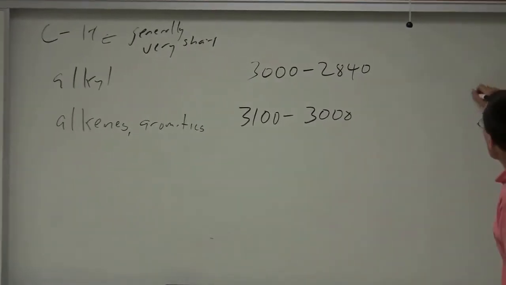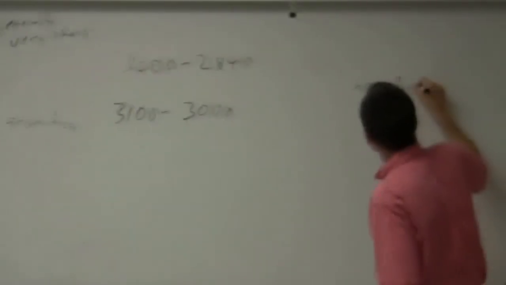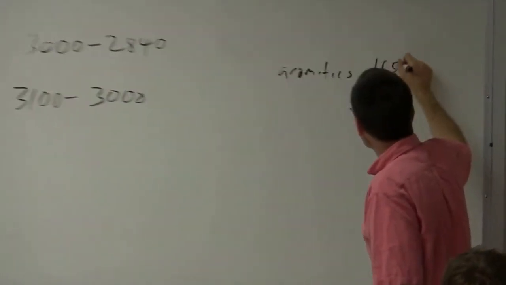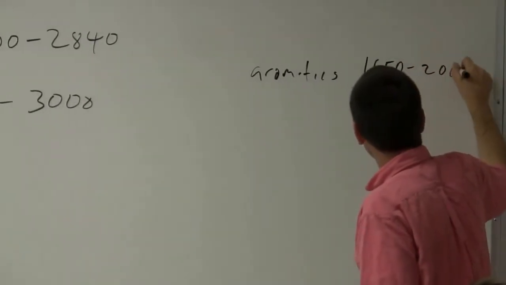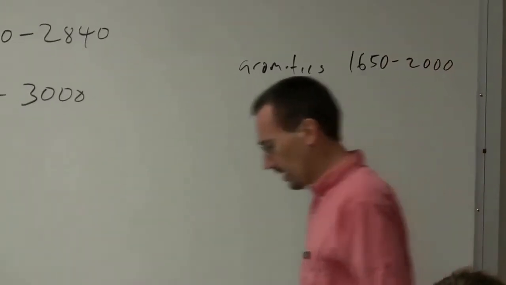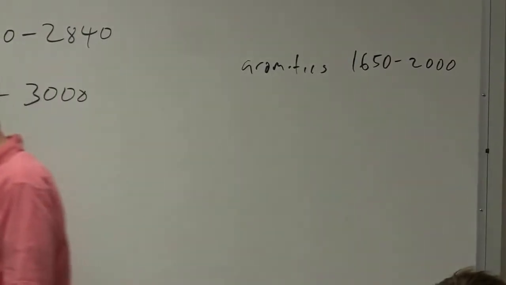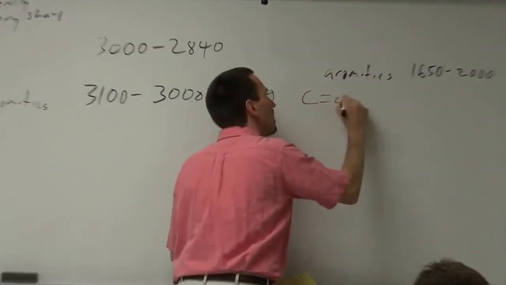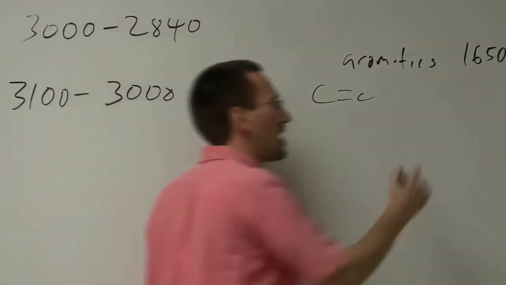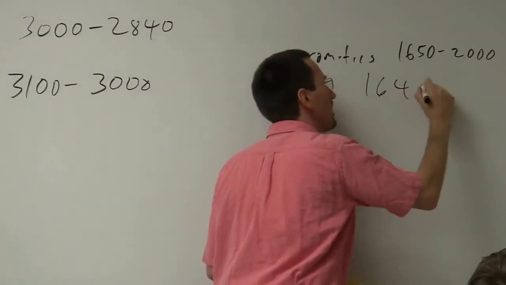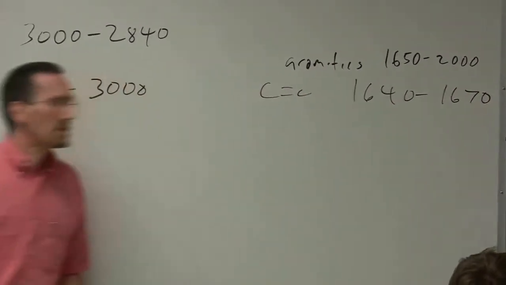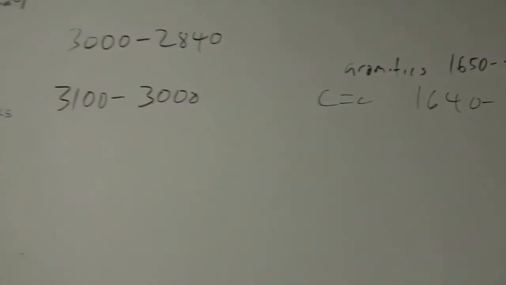For example, aromatics will have a series of bands from about 1650 to about 2,000 wave numbers that can clue you in. Alkenes, generally you can see the carbon-carbon double bond stretch, and that's generally pretty sharp but not so strong at about 1640 to 1670 wave numbers.